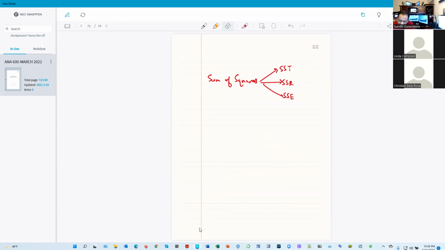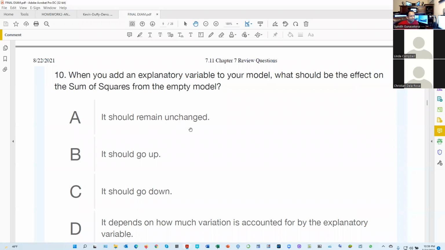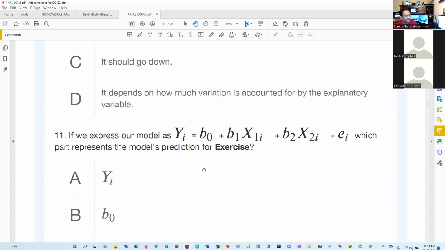But they simply call the sum of squares for this guy in the book here, 10. That's why it's 10A. Because it should remain unchanged. Sum of squared total is not going to change. You saw that very clearly earlier. Whether you add anything, the sum of squared total is nothing but the unexplained leftover error from the empty model.